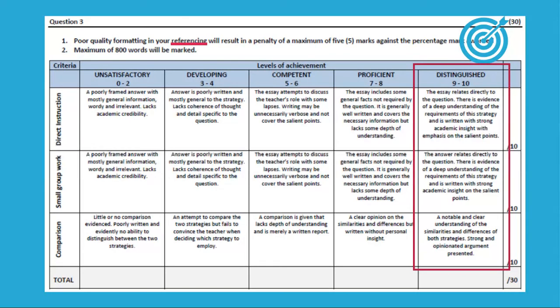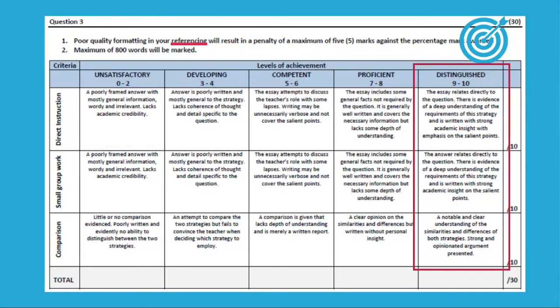So you get 10 marks for direct instruction, 10 marks for discussing the small group work, and for the comparison in itself, so that is actually your whole essay as a whole, we give you 10 marks if we can see that your understanding is clear and you can see similarities and differences in both strategies, and you have a strong opinion that you present in your essay.